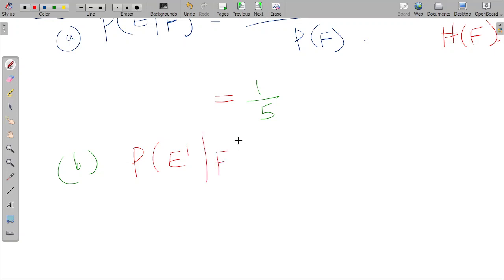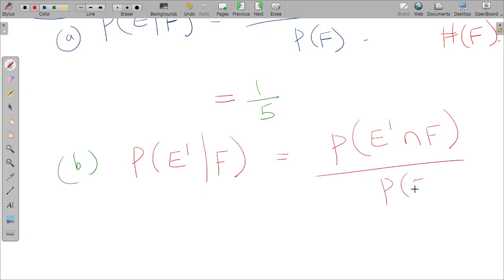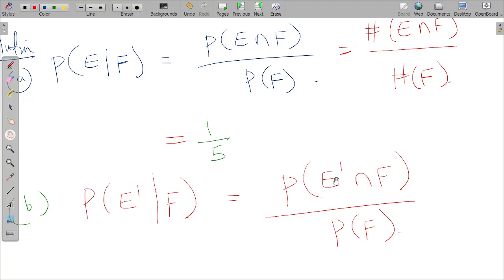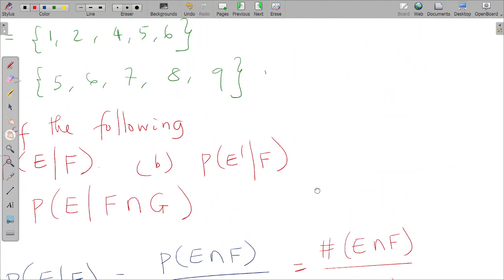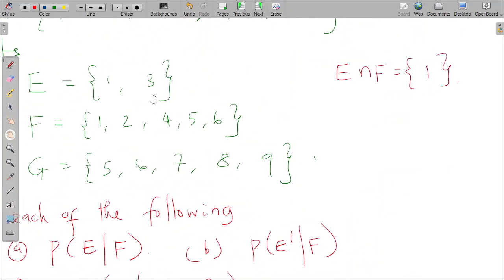Again, this is the probability of E complement intersect F over the probability of F. So all we need to find is E complement first, and then E complement intersect F. What is E? This is E. So let's find E complement.